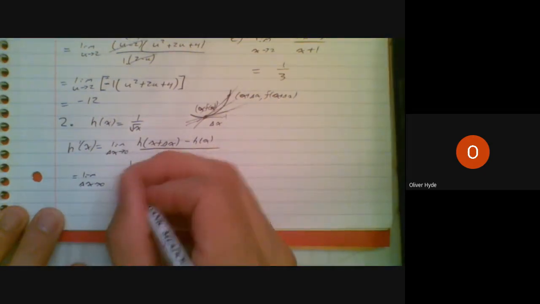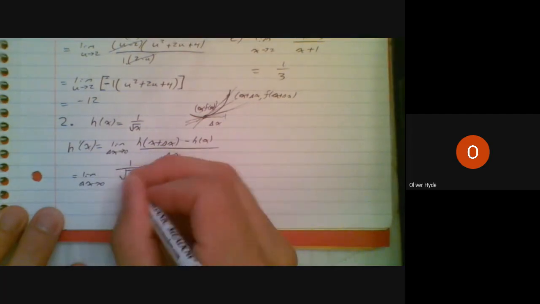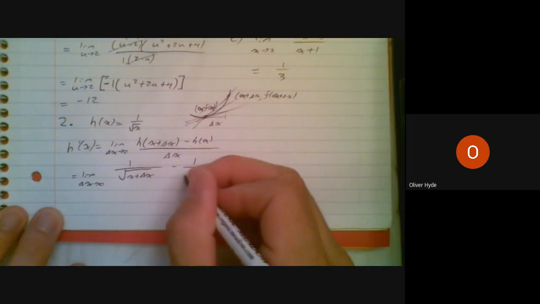This is going to be the reciprocal of the square root of x plus delta x minus the reciprocal of the square root of x all over delta x. And we get a bit of practice with limits. Review from question number 1, I suppose.